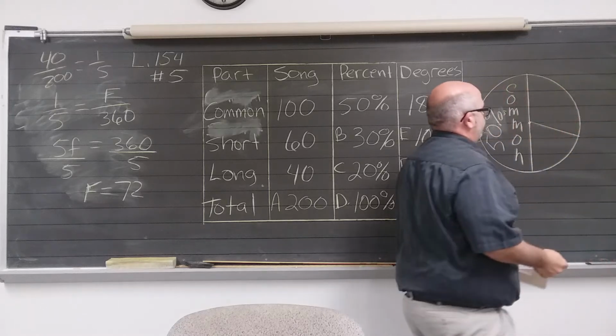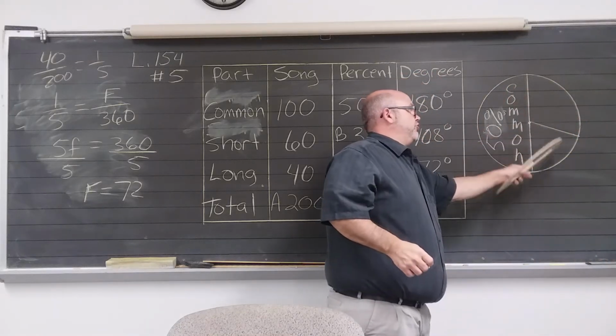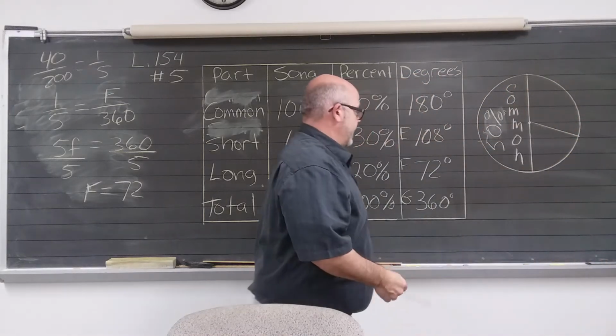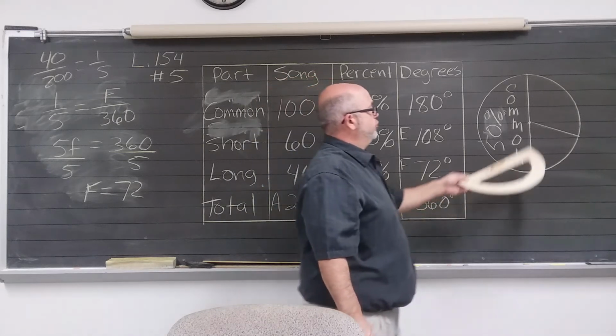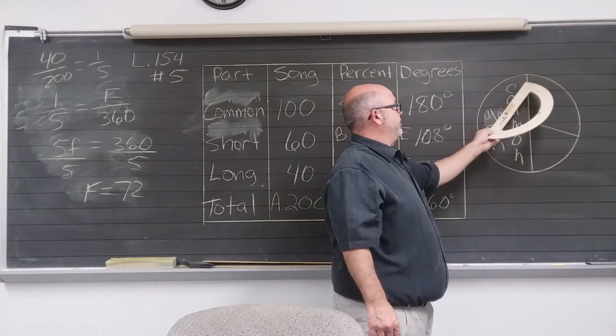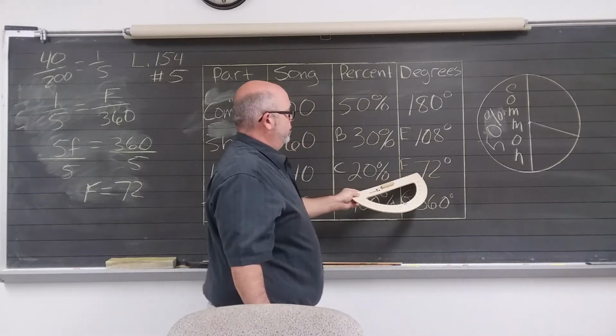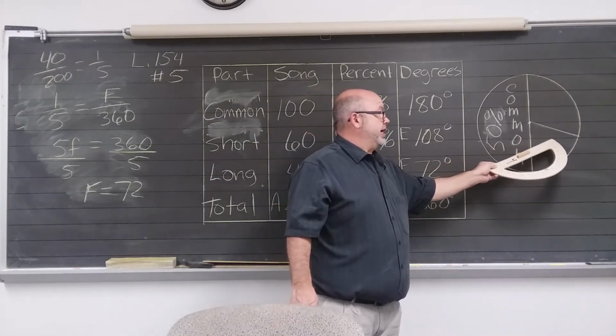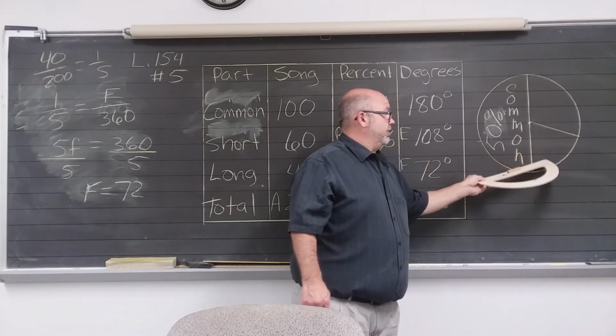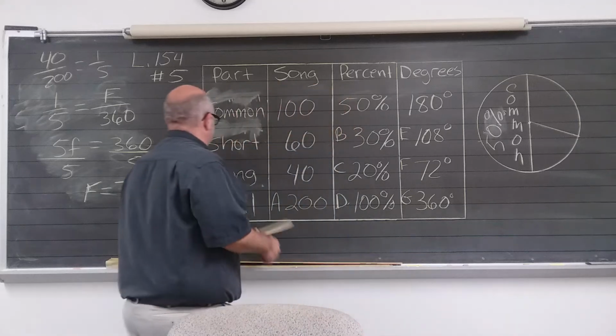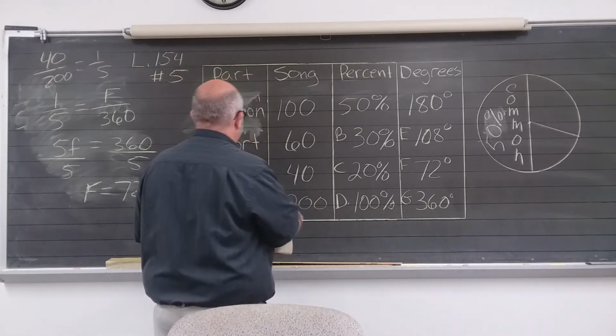Make sure you're looking at the right angle. Which one of these is 108 degrees? 108 degrees is an obtuse angle, more than 90 degrees. Your 72 degrees is less than a right angle, less than 90 degrees, so that's what you got there. So what do we have?